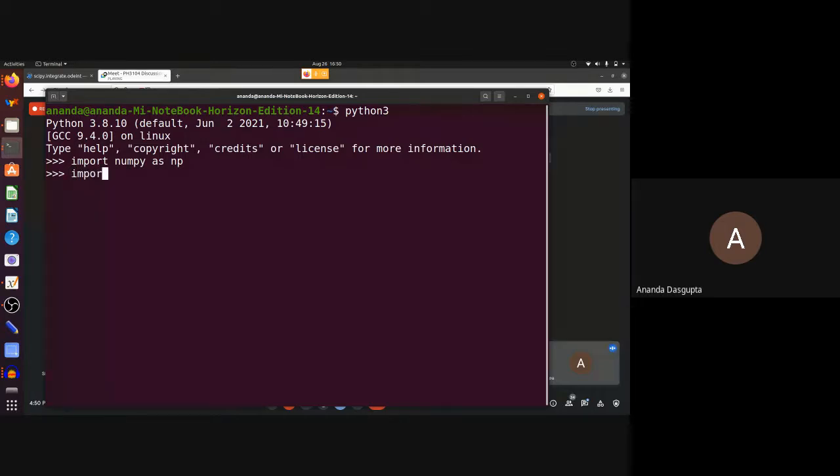Well, the other thing, I need to import the integrate submodule from the scipy module. And that's a pretty big mouthful. So what I will do is import this as si. Then that name, si or np, these are just conventions.